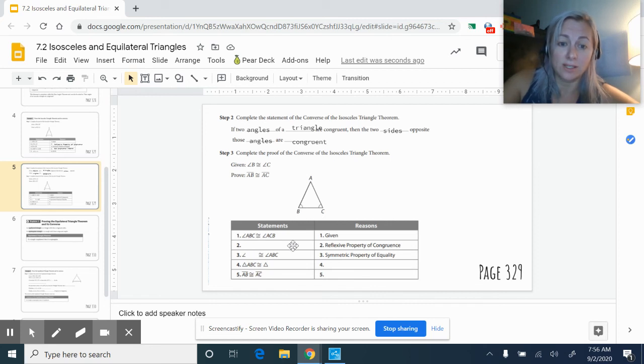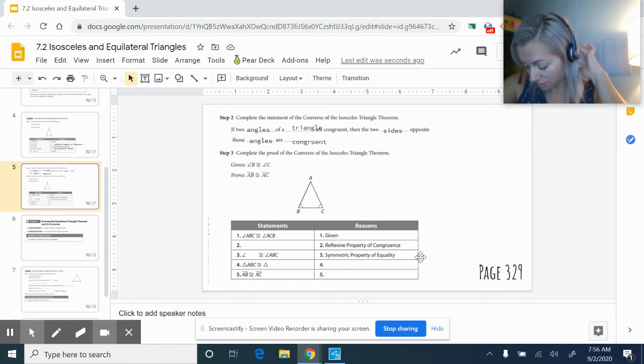That's just different ways of stating angle B and angle C. We're just using the vertices to describe them instead of using their simple name of B or C. And then step 2, we're going to say that because of the reflexive property of congruence, segment BC is congruent to segment CB.